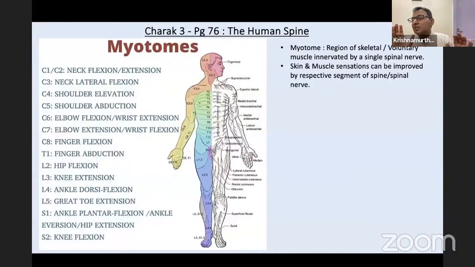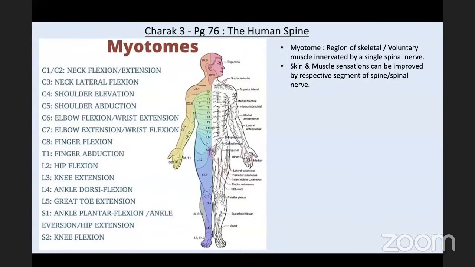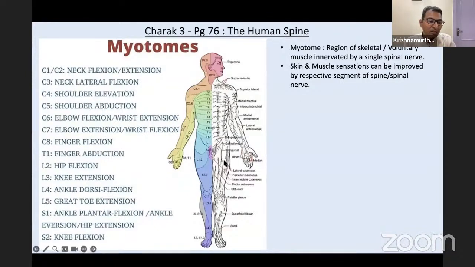The area of the body whose muscle and bone are influenced by certain spinal nerves. So the area of the skin influenced by spinal nerves is called dermatome. The area of the muscle and bone influenced by the spinal nerve is called myotome. Because they may ask you in viva, what is dermatome, what is myotome?